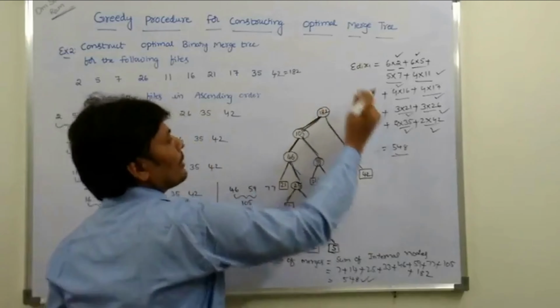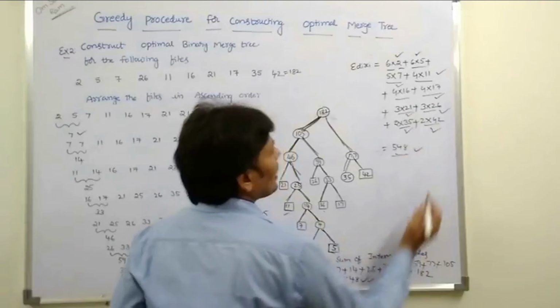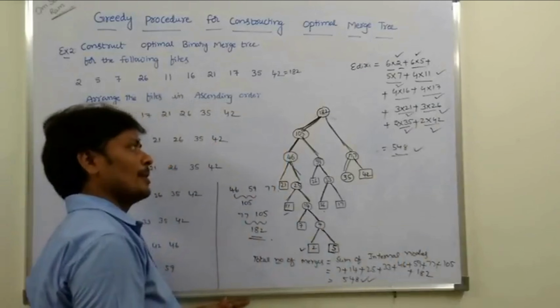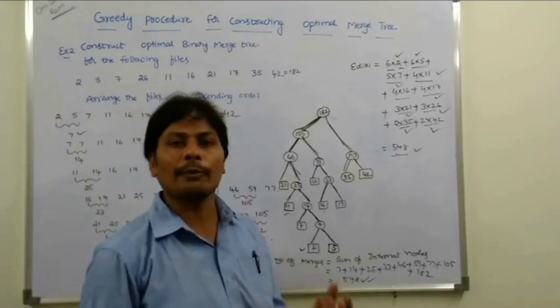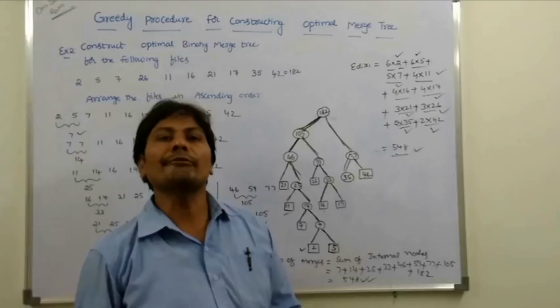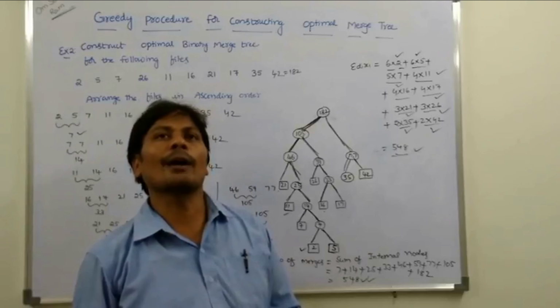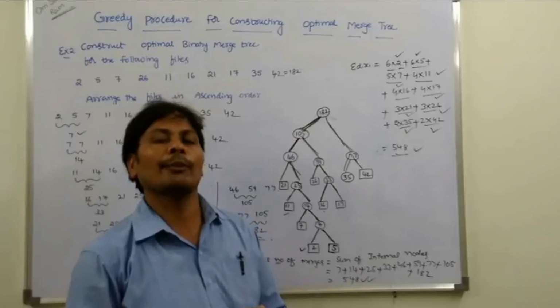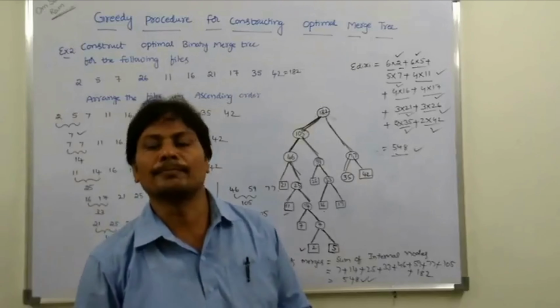We are also getting the same 548 value. So this is the procedure we have to follow to find the optimal number of merges by using the optimal merge binary tree. Next we go for the algorithm.